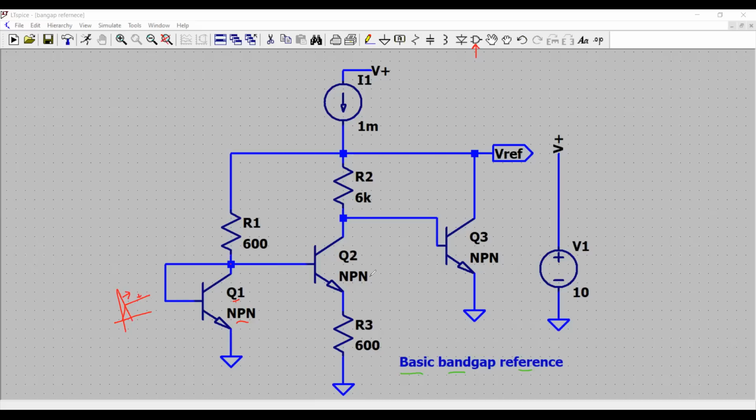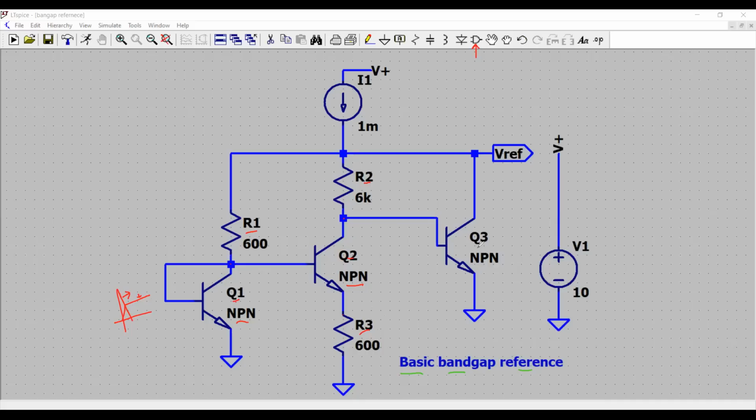And then I am using the transistor Q2 here, and I have the resistor in the emitter with respect to ground here, so you can see that, right? And then from the collector, I'm using another resistor R2. Here is the resistor R1.